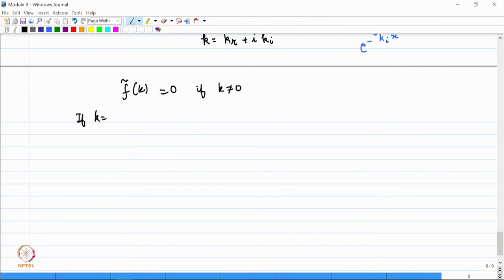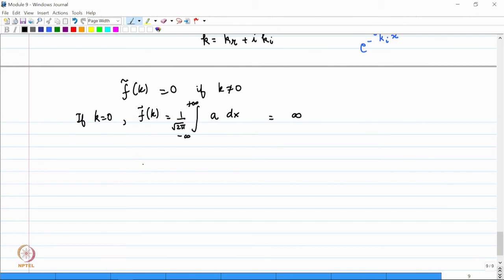If k equal to 0, then f tilde of k is equal to the integral of a dx from minus infinity to plus infinity, which is infinity, times 1 by root 2 pi. Formally, we can also verify what the integral of f tilde of k is.